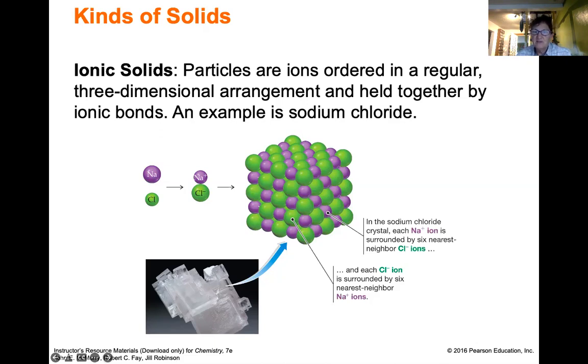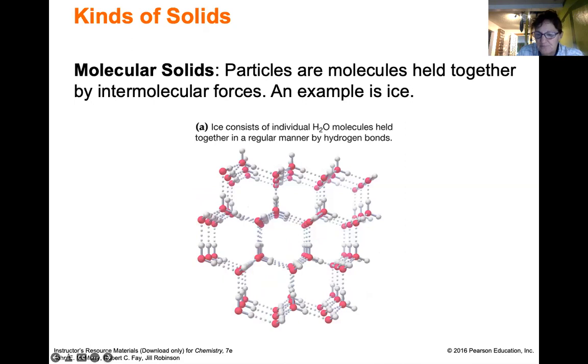And the things that will determine the structure of the packing will be the sizes of the cations and anions, and then the charges on them. So if you had a doubly charged cation, it would pack differently. If you had really large anions, it would pack differently than this. So those are things that will determine the packing.